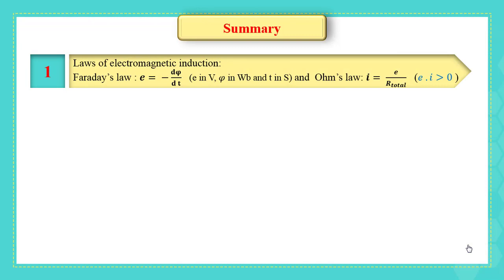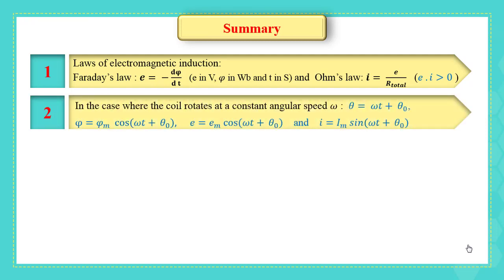Summary. 1. Laws of electromagnetic induction. Faraday's law states that E equals minus dφ/dt, where E is in volt, φ in weber, and t in seconds. And Ohm's law states that I equals E, the electromotive force, over R total, where E·I is always greater than 0. 2.